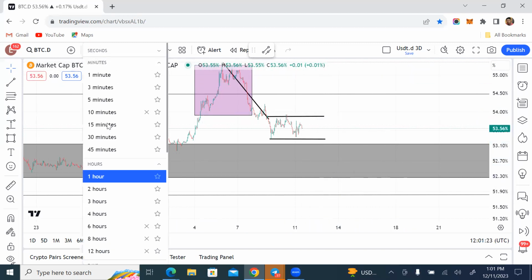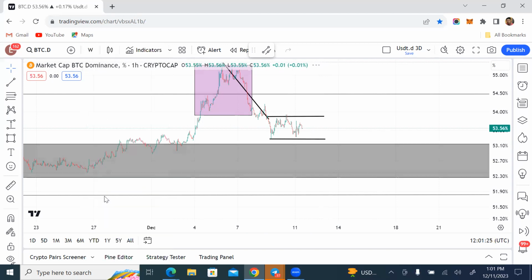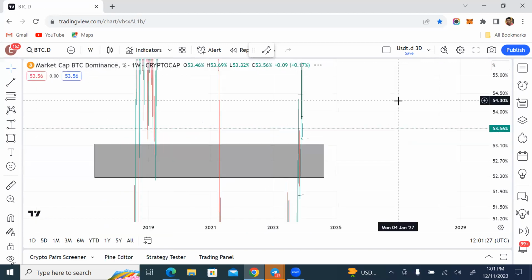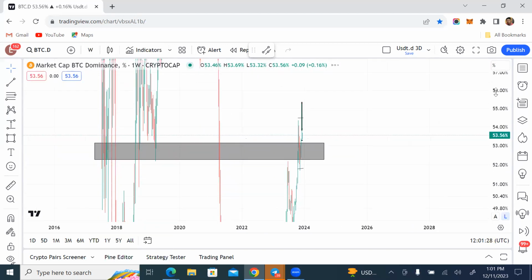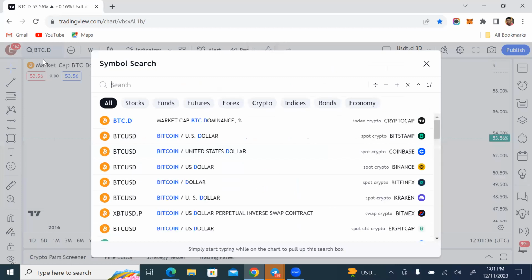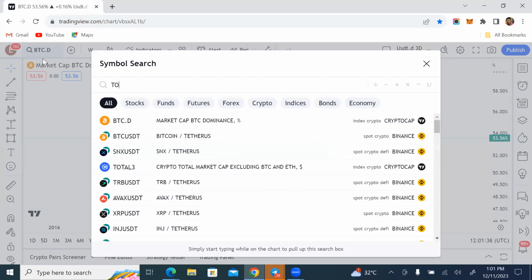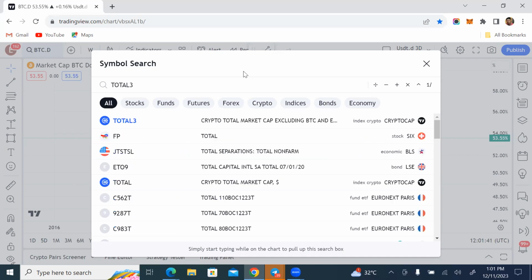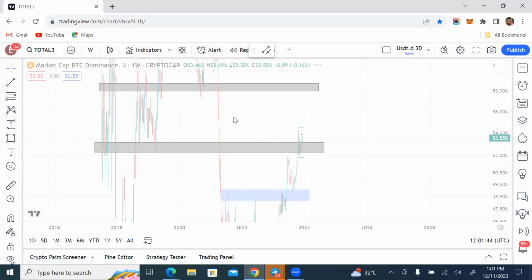So now let's go back to the weekly time frame again, and let's try as much as possible to see what altcoins are currently doing at the moment. Now, we'll go over to total theory.